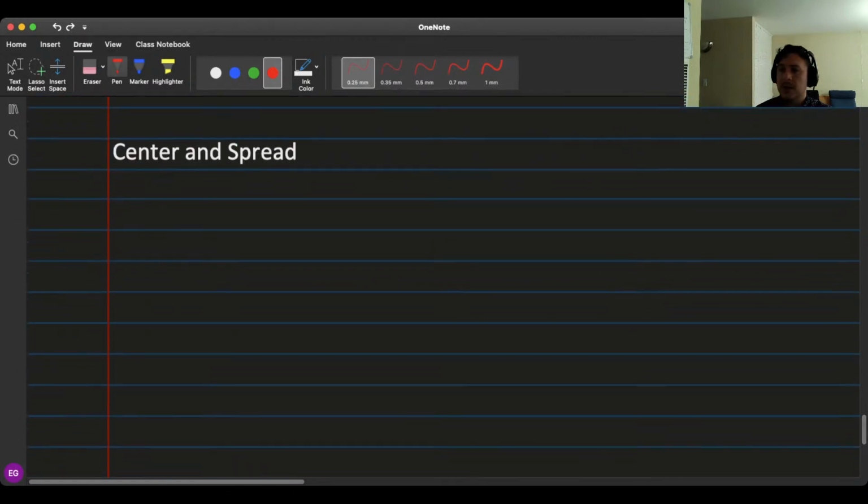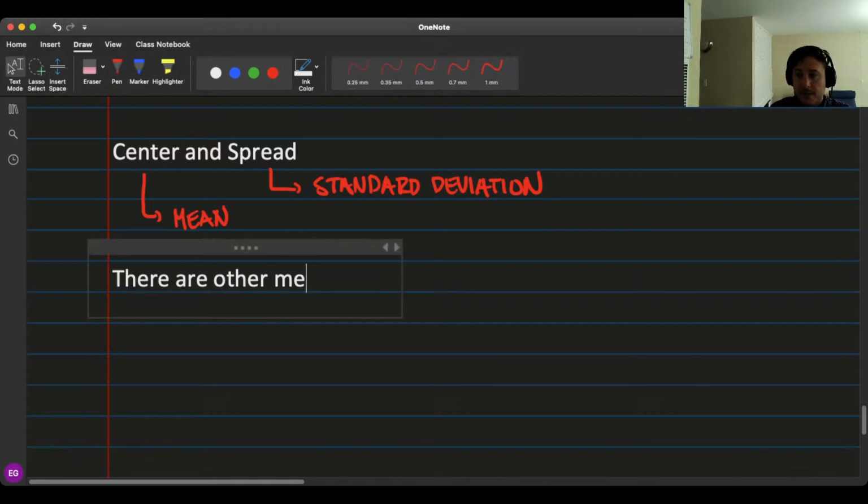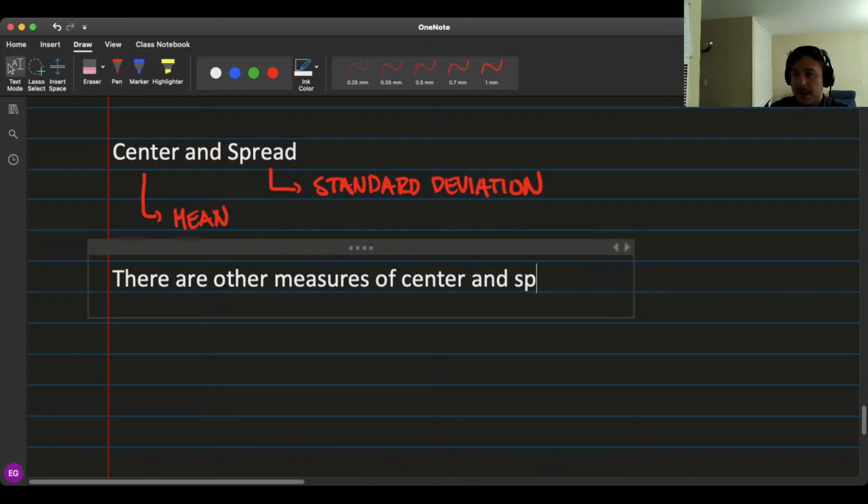Okay, so we've already learned one type of measure of center, and it's called the mean. And we're going to learn a measure of spread that's called standard deviation. And there are different types of center and spreads, but they come together in pairs. So there are other measures of center and spread that we will learn.